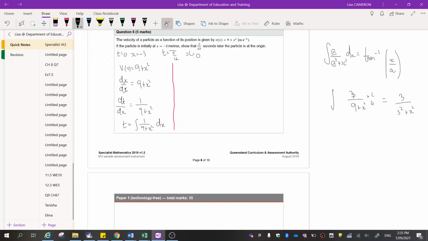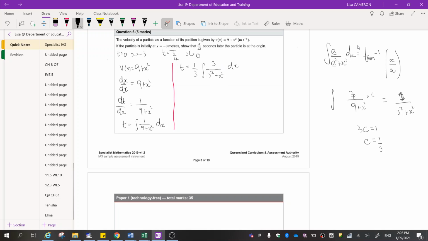If I think about just the numerators, I've got 3c is equal to 1, which means c is equal to 1 over 3. So when I'm rewriting this into a form that I can use, I'm going to write t is equal to 1 over 3, that's the constant that we've got, times the integral of 3 over 3 squared plus x squared dx.